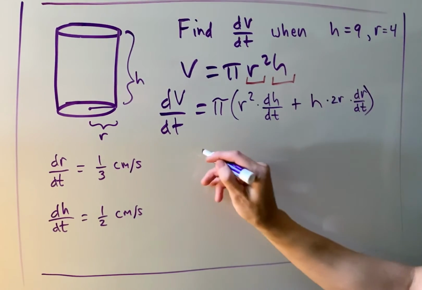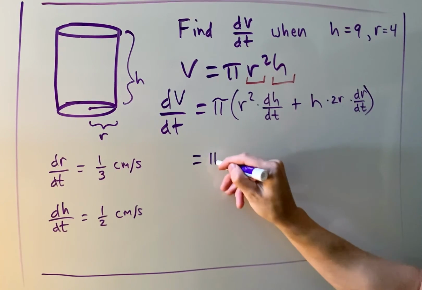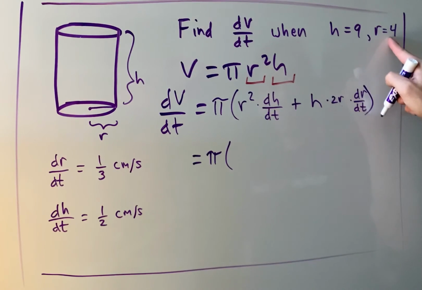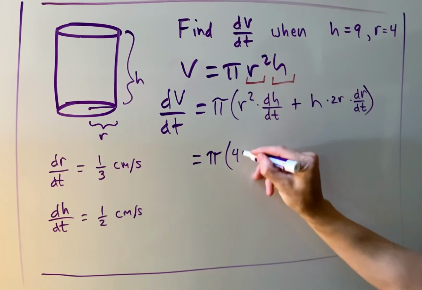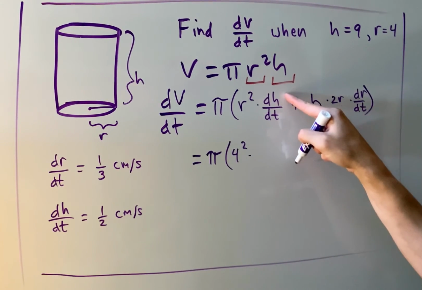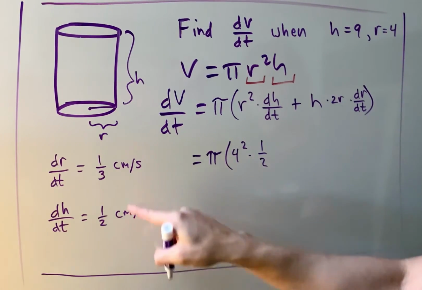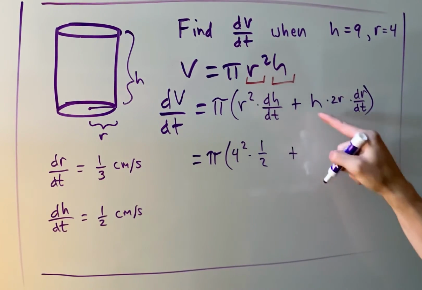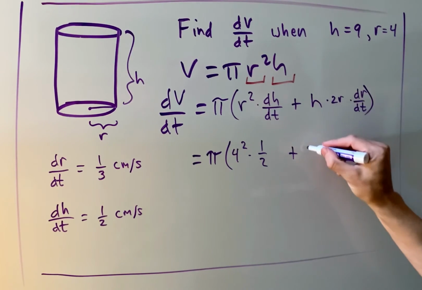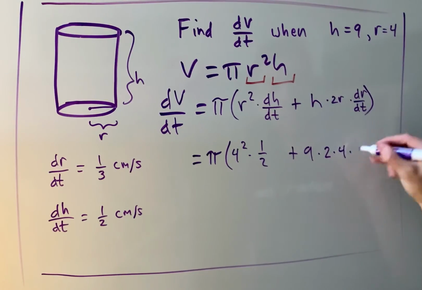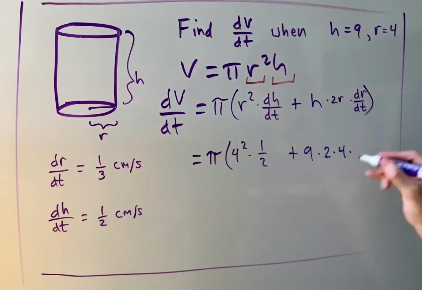So now we can make the appropriate substitutions. Pi stays pi. r is going to be 4, so that's going to be 4 squared times dh dt, which is 1/2. I'll just dismiss the units for now. Addition, h is going to be 9 times 2 times r, which is 4, times dr dt, which is 1/3.